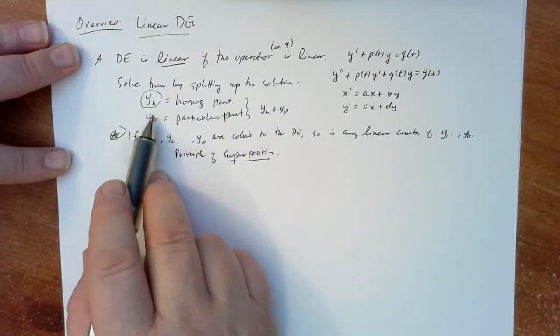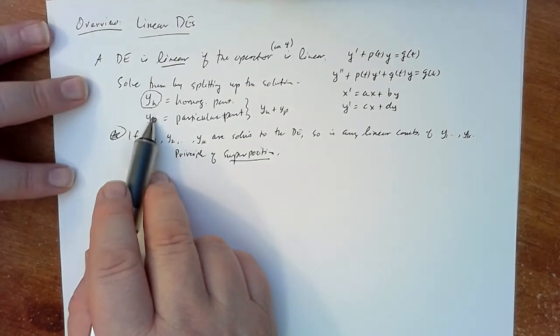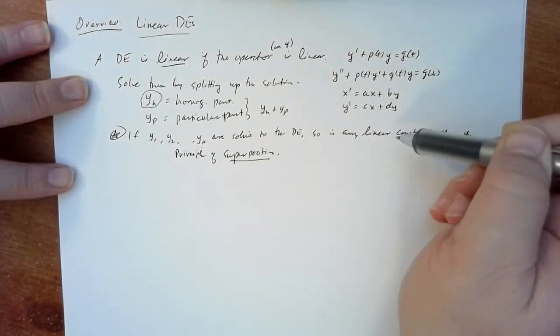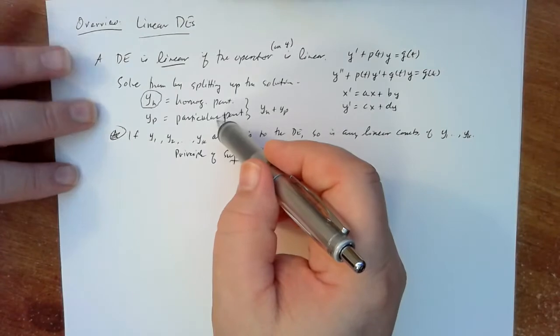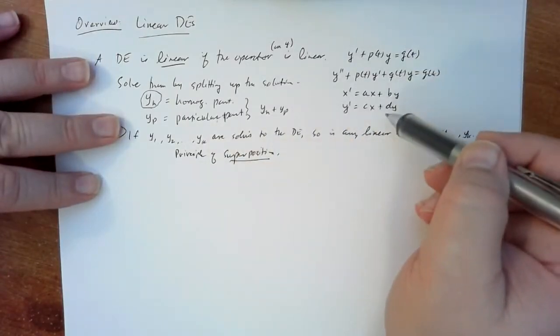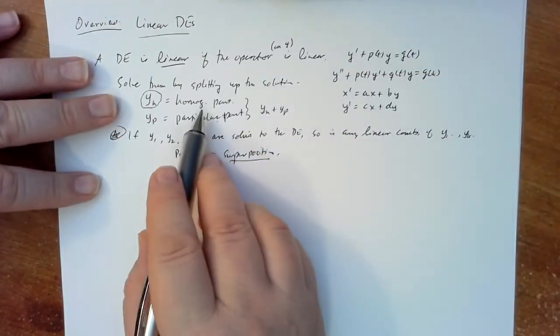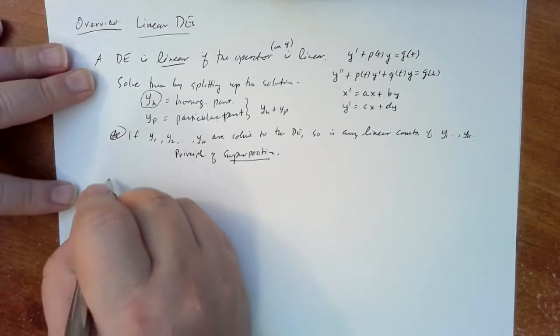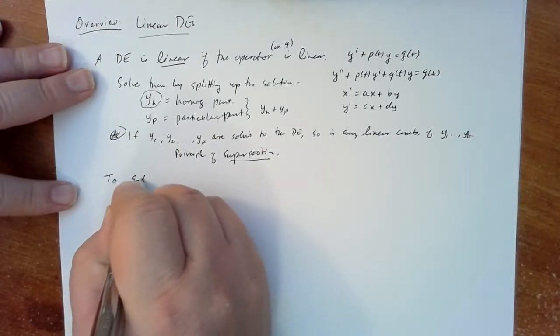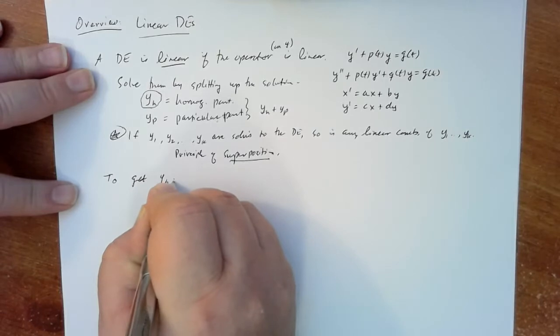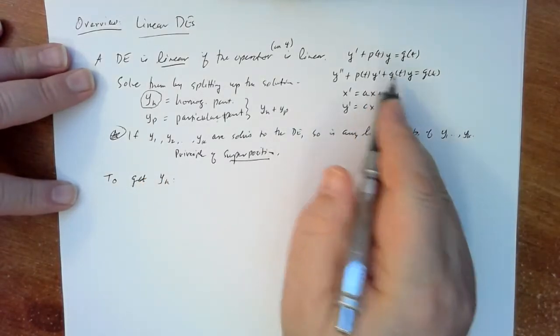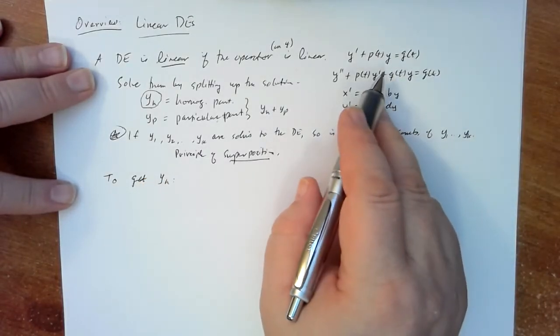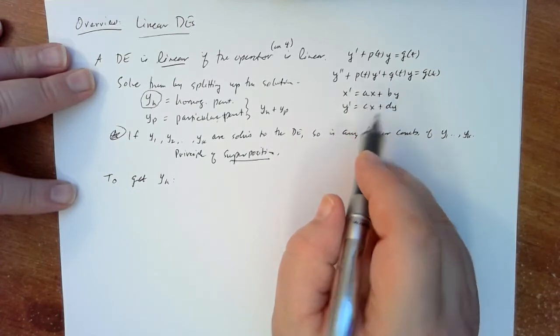And so our goal initially is to get the homogeneous part of the solution first, and then the second part is to get the particular part. Okay, so to get the homogeneous part, now there's a couple of ways of doing it here.